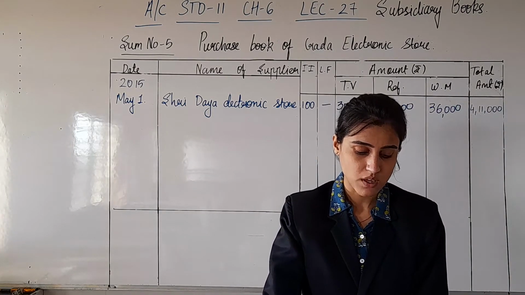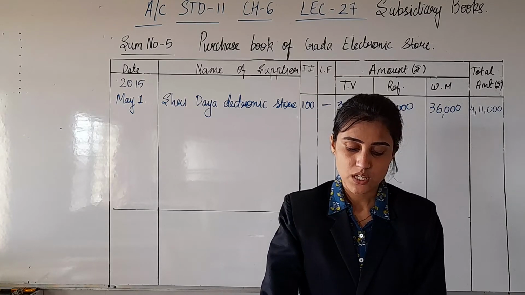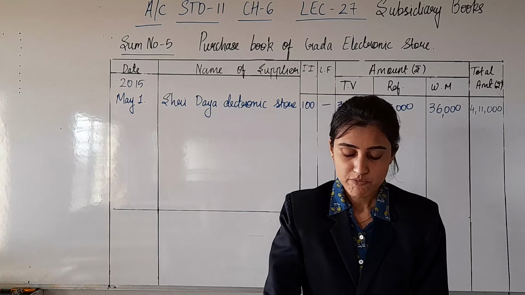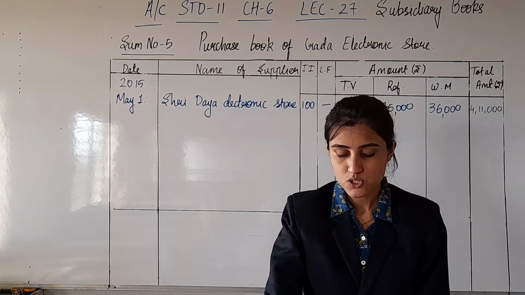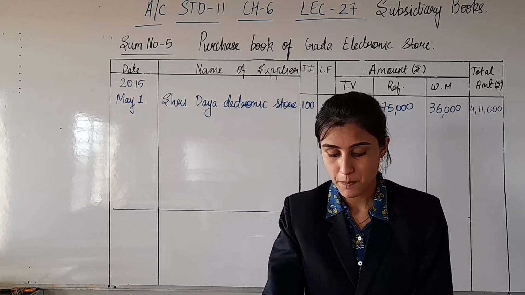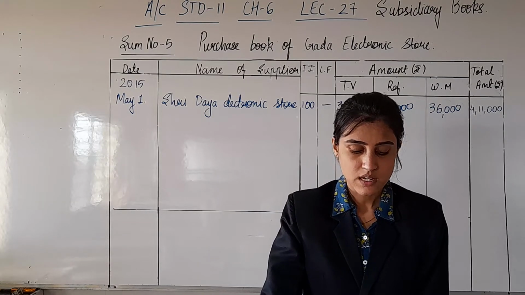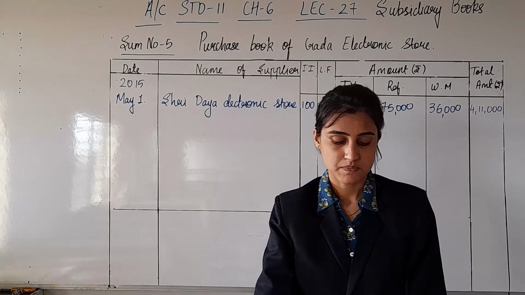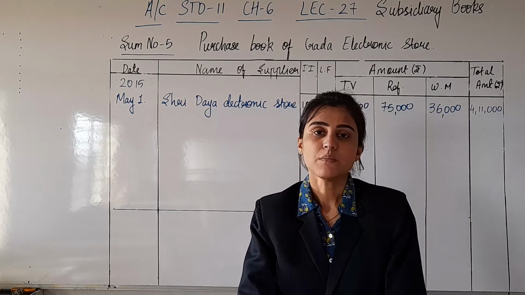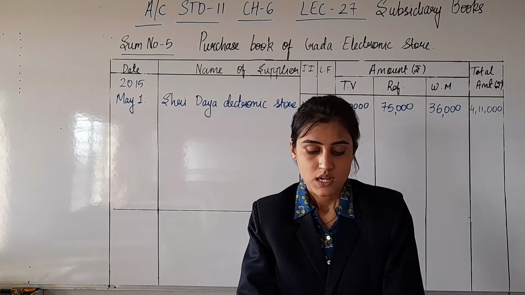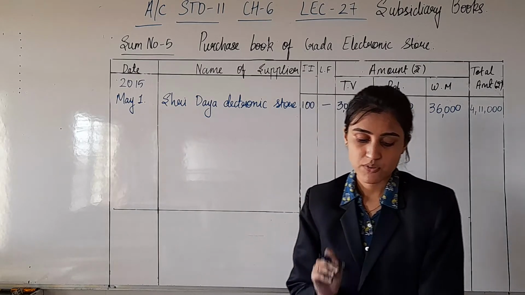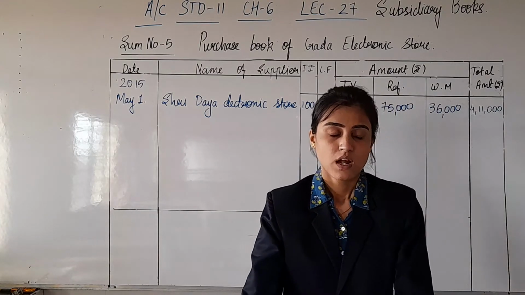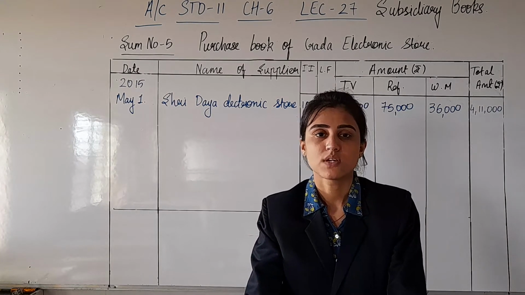On 7th of May, purchased from Shri Tarak Electronic Stores 5 pieces of TV at rupees 25,000 per piece and 10 refrigerators at 16,000 per piece at 10% trade discount. Received invoice number 151, half of the amount paid immediately.